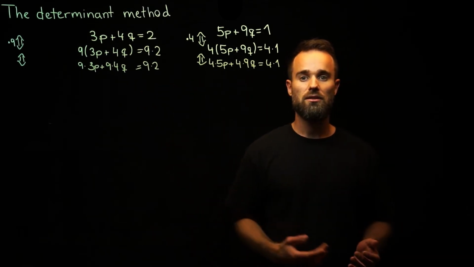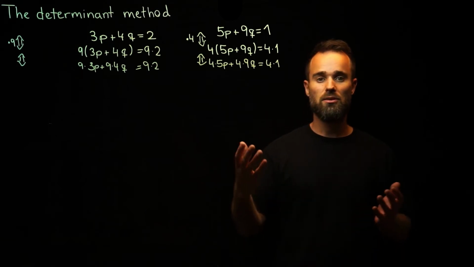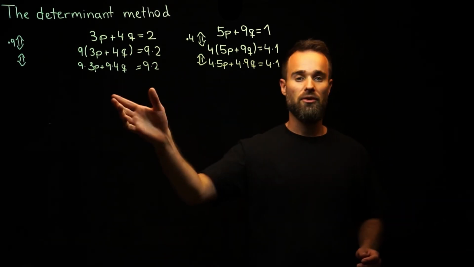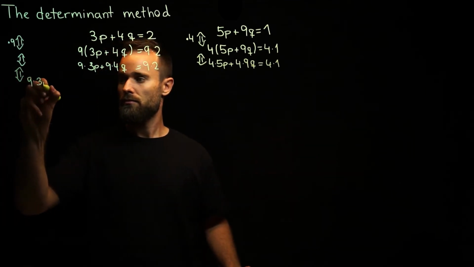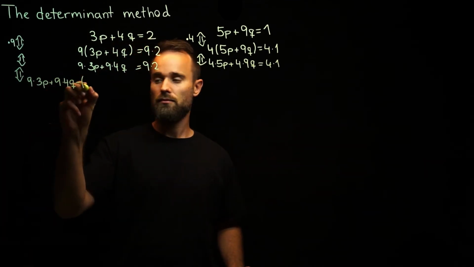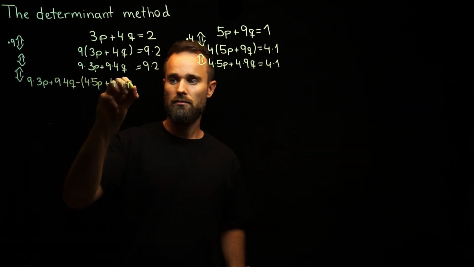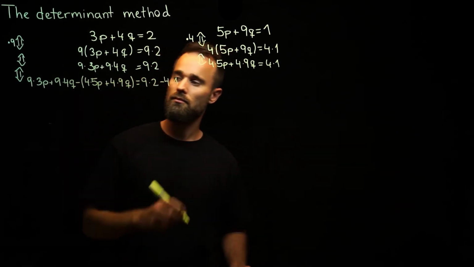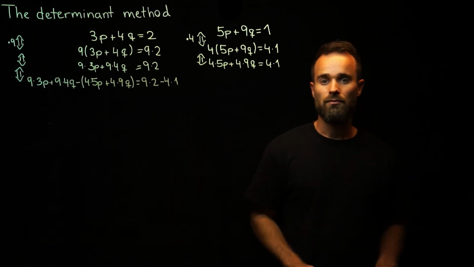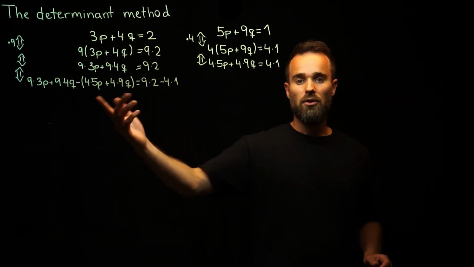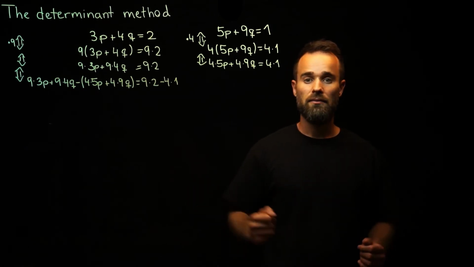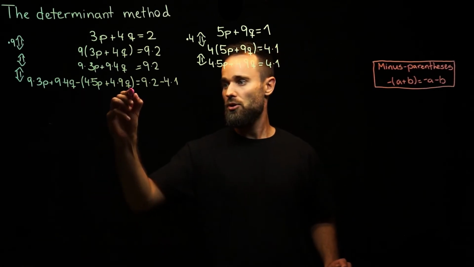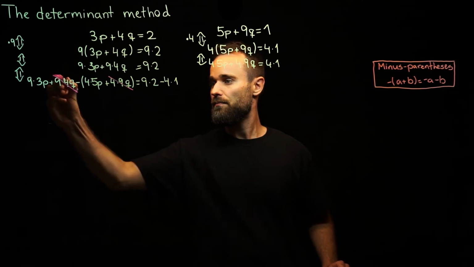Q's coefficients are equal, so let's subtract the second equation from the first. This parenthesis is removed by switching the signs of the terms inside, and the two Q terms cancel out.